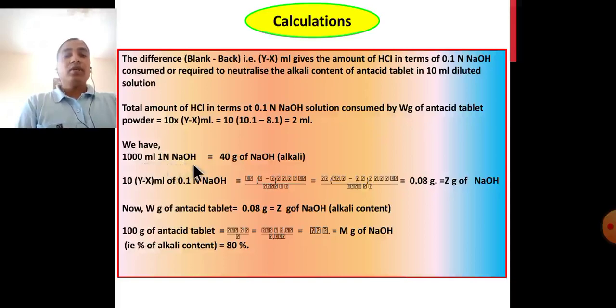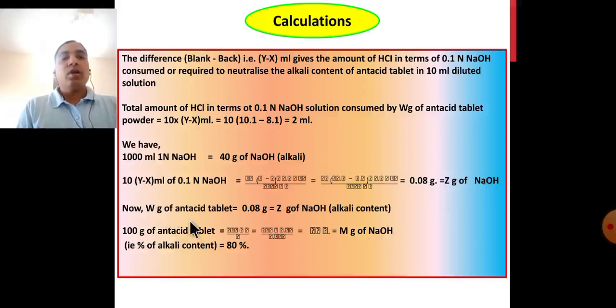We have 1000 ml of 1 normal NaOH equal to 40 gram of NaOH alkali. So 10 into (Y minus X) ml of 0.1 normal NaOH is equal to 20 into 0.1 into 40 divided by 1000 into 1, which is 80 divided by 1000, equal to 0.08 gram, say Z gram of NaOH.